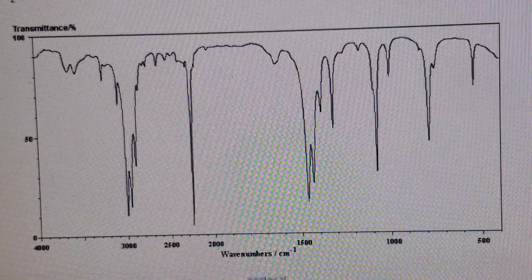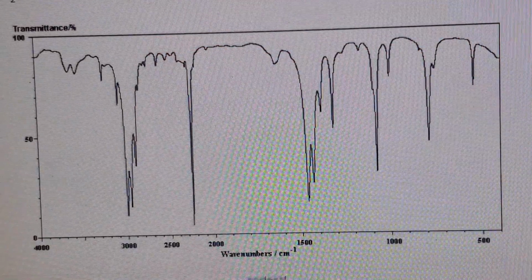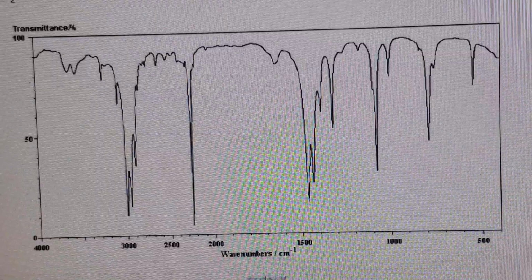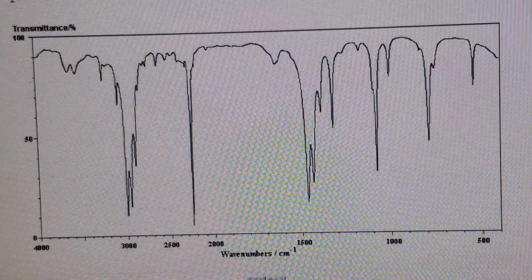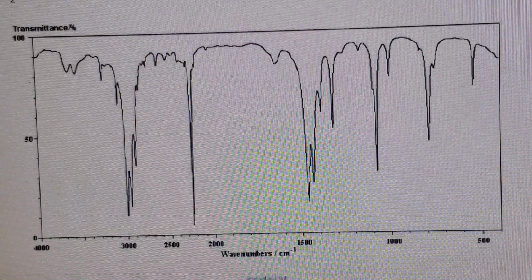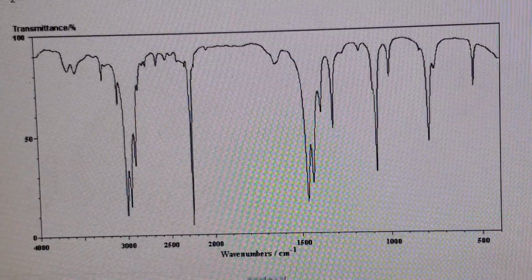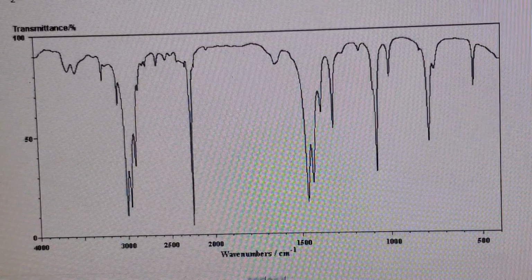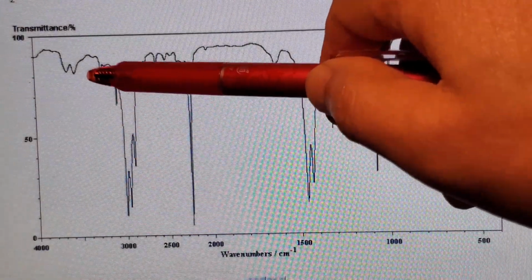When you look at the 22, you do see a strong peak, and that's actually too strong to be an alkyne. So the other type of triple bond is a cyanide, right? CN triple bond. If we have a CN triple bond, that means we don't have sp CH. So this is not sp CH, and those are not as well.